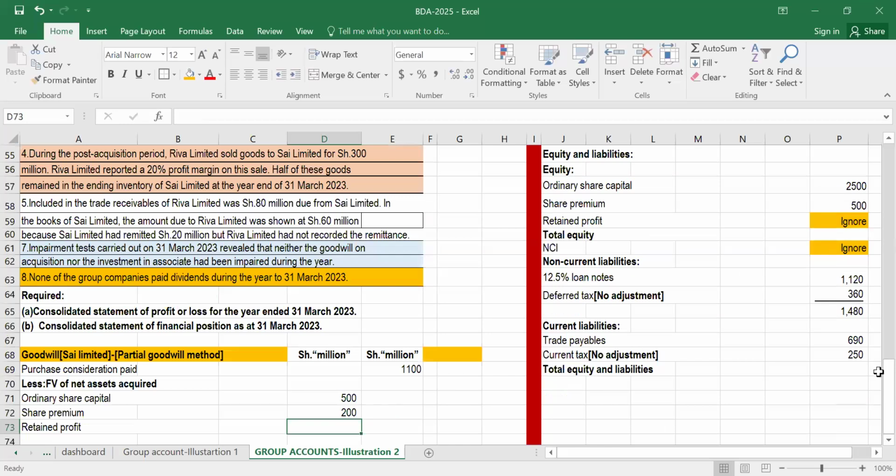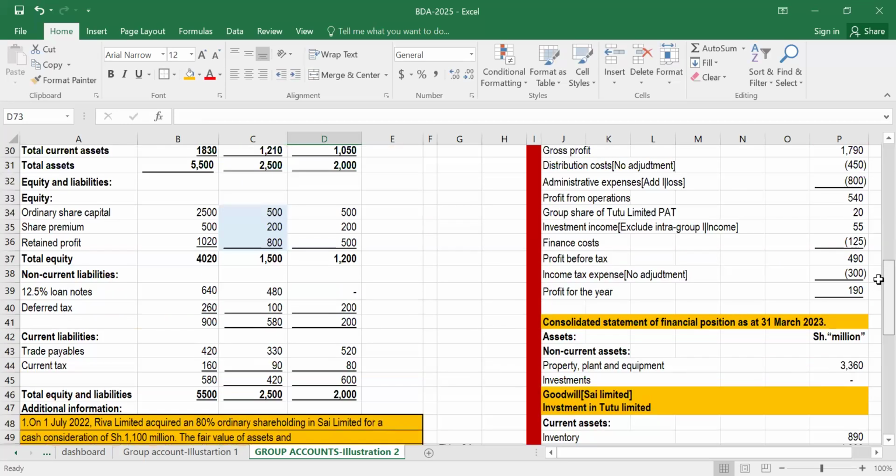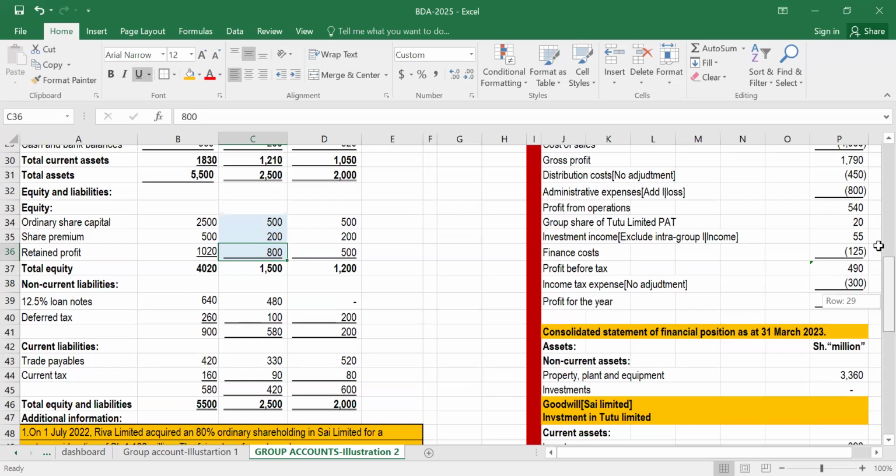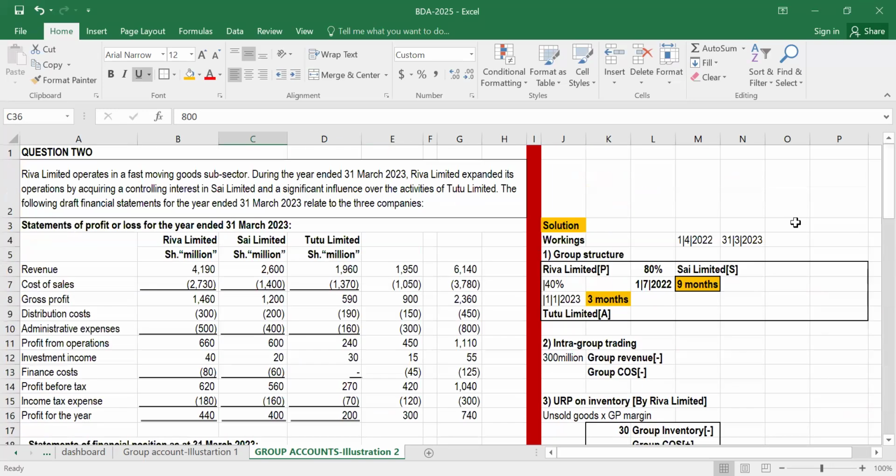But now these retained earnings, this one is not at the date of acquisition, because we know these are the retained profit at the end of the year. Anytime you come across a question for group accounts and a subsidiary company was acquired during the current year, like in our case, 9 months to the end of the year, no single time will the examiner give you retained earnings on the date of acquisition.